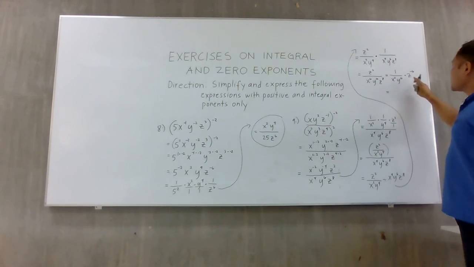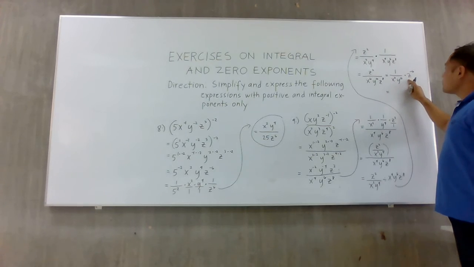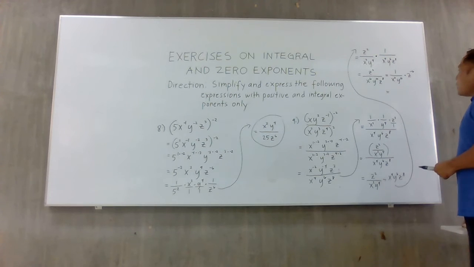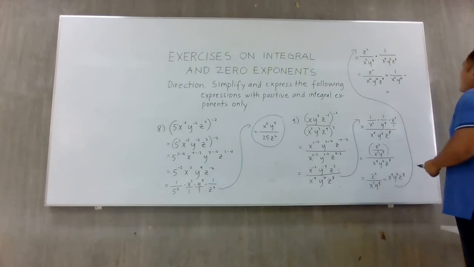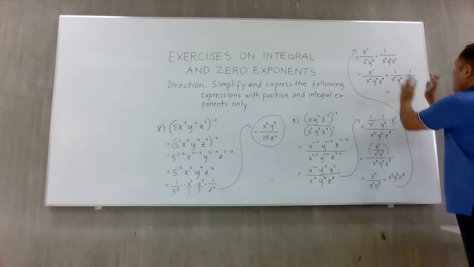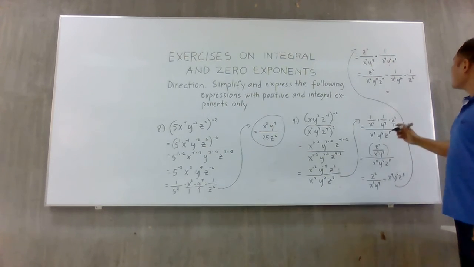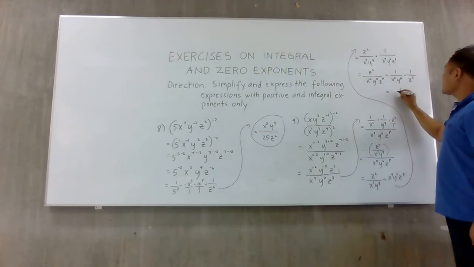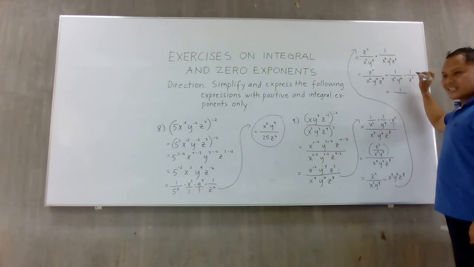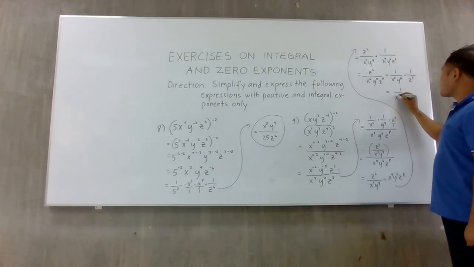Because this term has a negative exponent, we have to reciprocate. So it should be 1 over z to the power of 6. And again, we are multiplying two fractions. So 1 times 1 is 1. x to the power of 6, y to the power of 10 times z to the power of 6 is just x to the power of 6, y to the power of 10, and z to the power of 6.